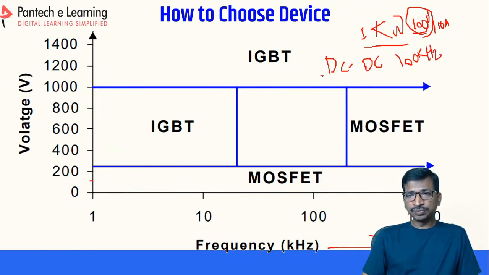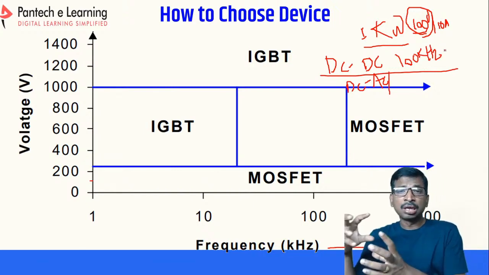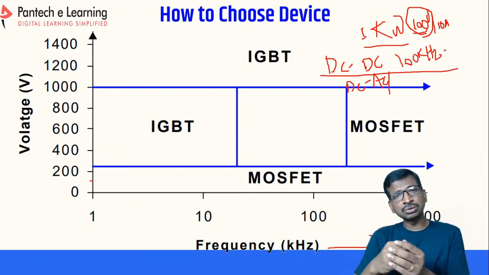So this is called switching frequency. Similarly, if you take DC to AC applications, in that case the switching frequency you cannot move more than 100 kilohertz because your inverter power loss will be huge. So in that case, you have to reduce the switching frequency.